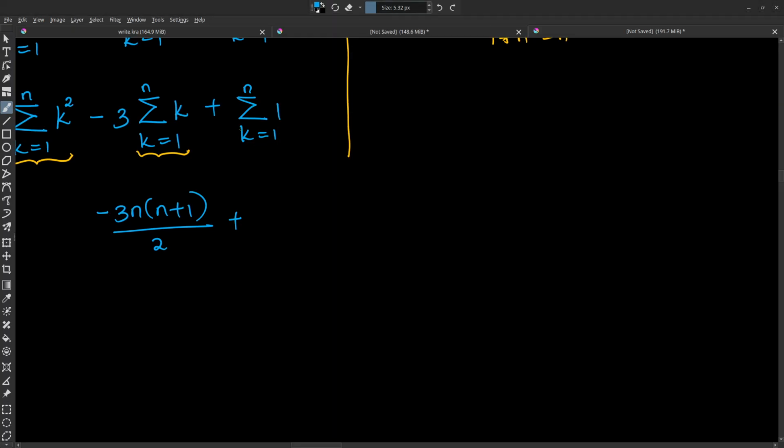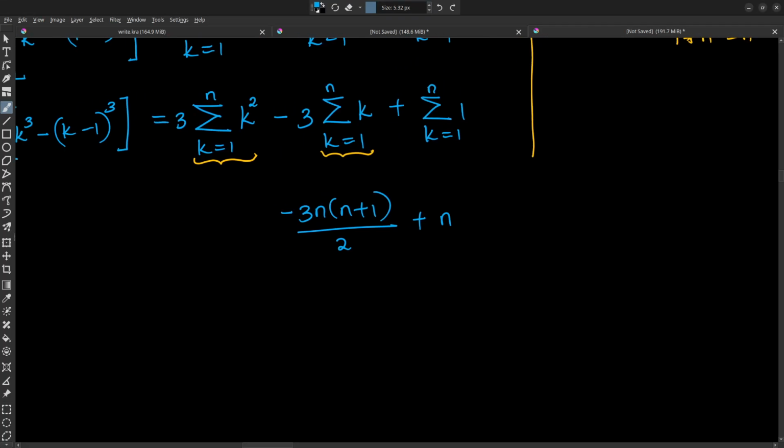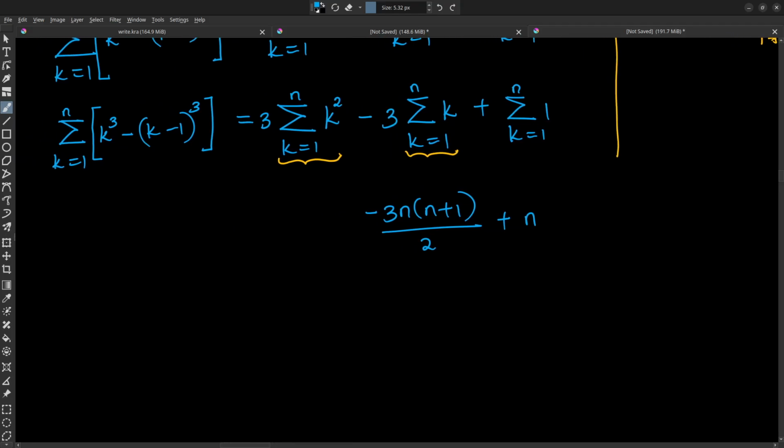And now we are saying this last term is just the same as doing plus n. And that's it. Now, we still have this k squared, of course. So we write it. And in fact, let's just have the minus for the whole term. So I'm going to do the minus here.